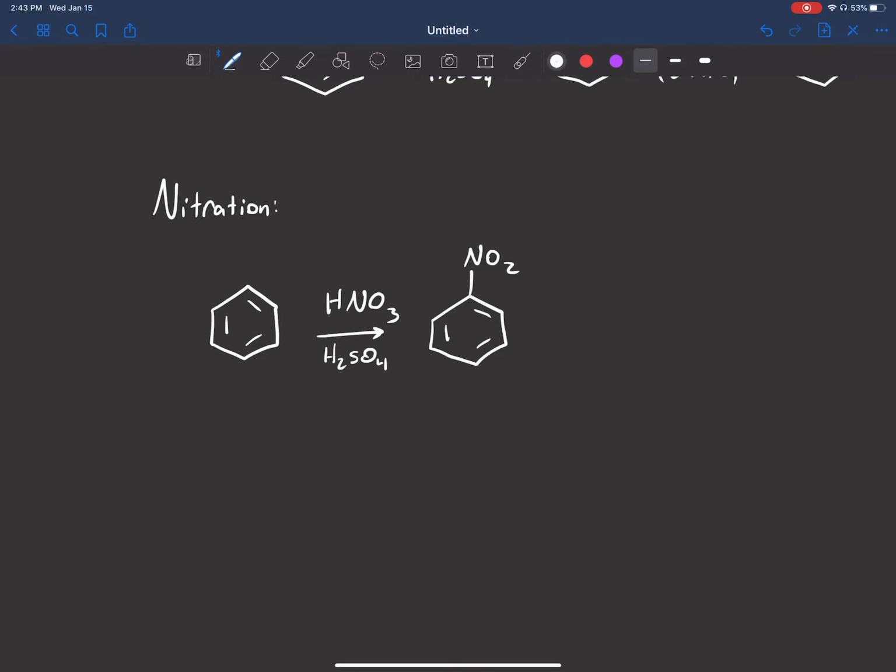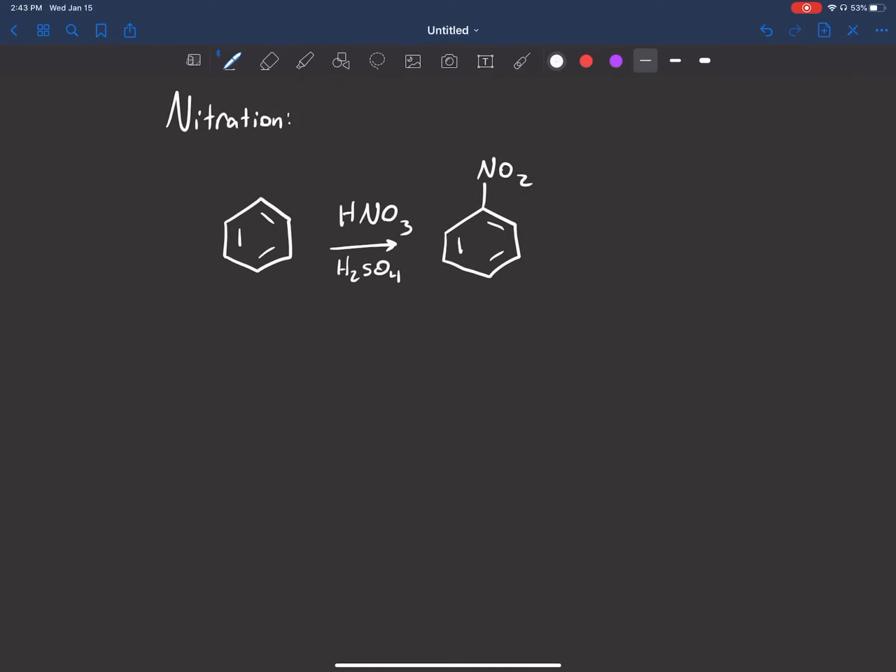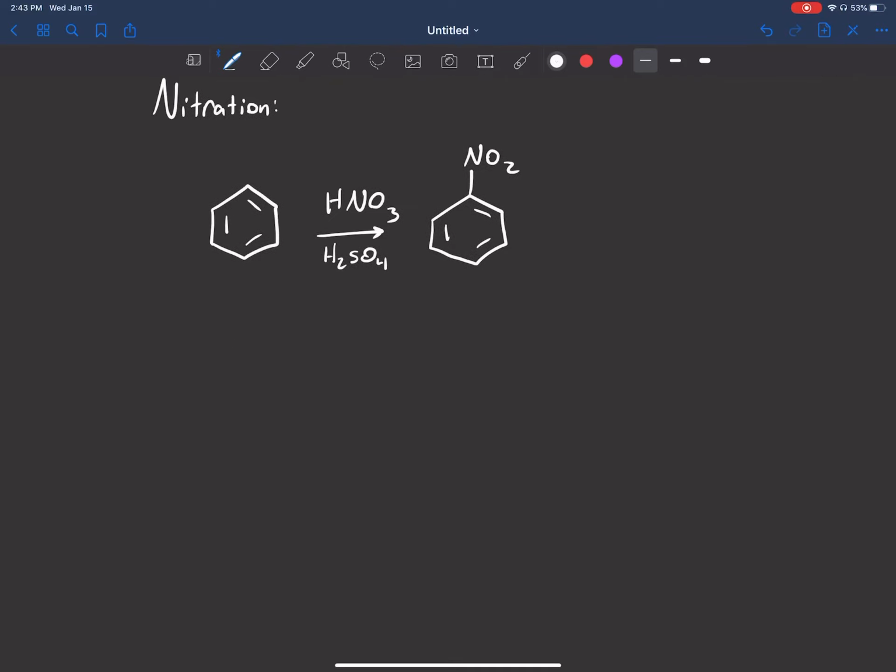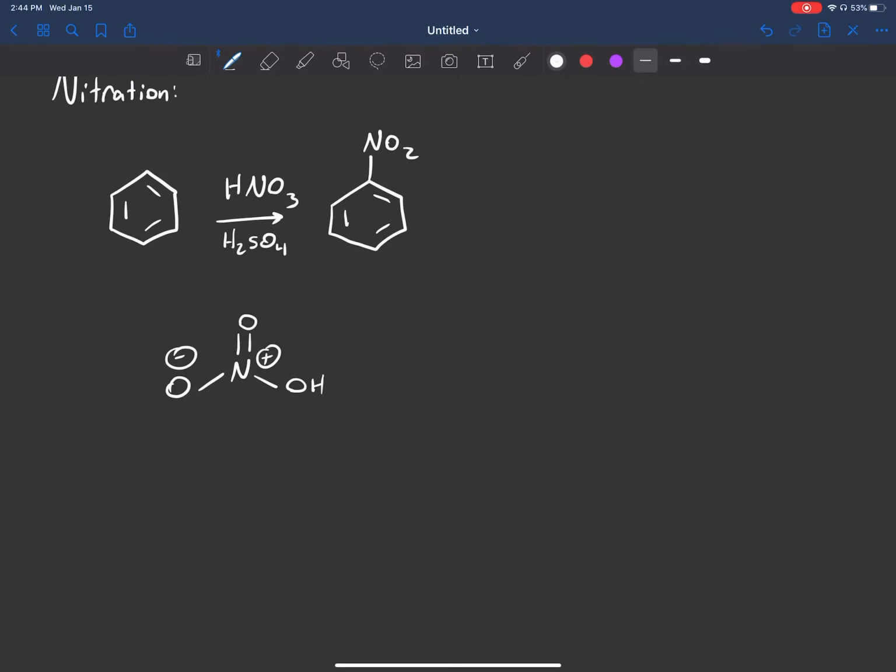Now what's going to be the actual mechanism for it? Well, to start out, the HNO3, sorry, HNO3, my bad, not HNO2, minus charge, plus charge. What's going to happen is it reacts with H2SO4.